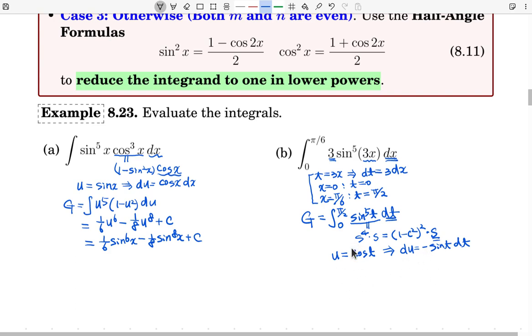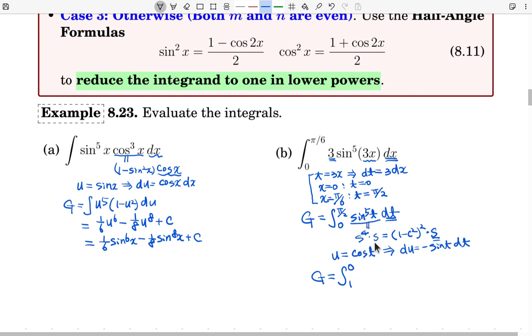And now when t is 0, then u is 1. When t is pi over 2, then u becomes 0. So the given integral will change into 1 and 0, the lower bound and upper bound.